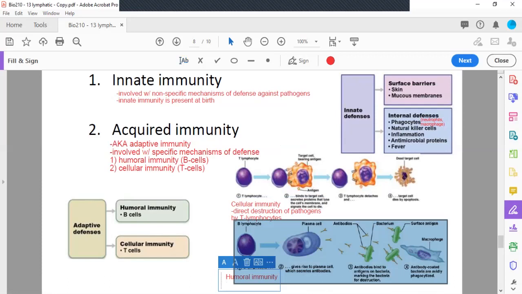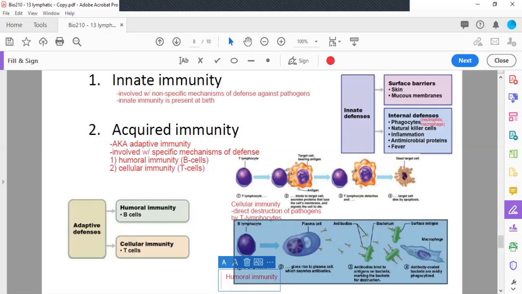The plasma cells will produce antibody, and the antibody will bind to the pathogen to mark it and let the macrophage know that these pathogens must be destroyed by phagocytosis.